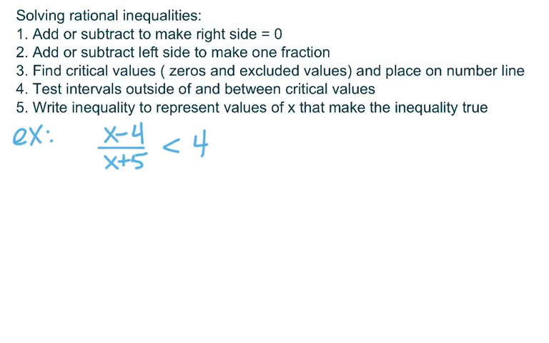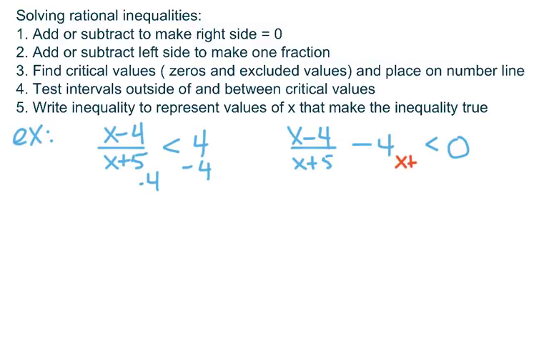Okay, so I'm going to add or subtract to make the right side equal 0. So subtracting 4 from both sides, I have x minus 4 over x plus 5 minus 4 is less than 0. Then I need to add or subtract to make one fraction. Well, I need a common denominator, which is x plus 5.